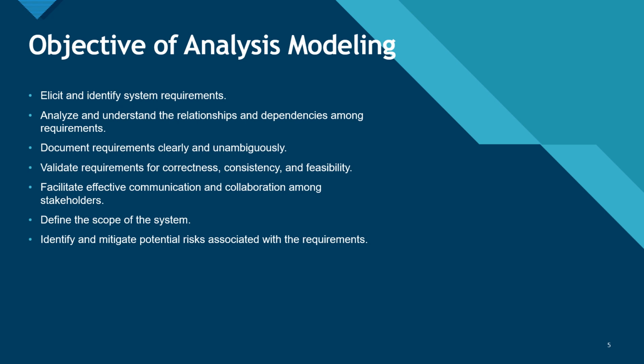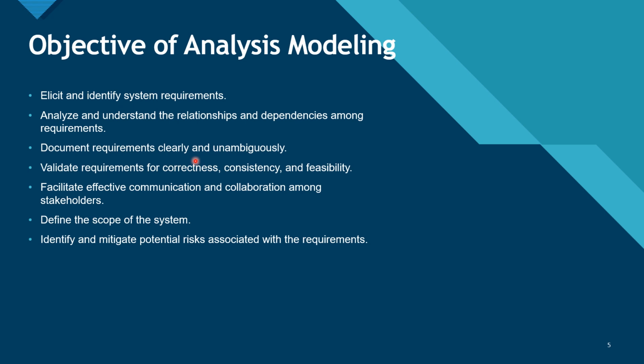After identifying the requirements, it should also find the dependencies or relationships that the requirements have. The documented requirements should be clear and unambiguous. There should not be any confusion in the documentation, and no document should be incomplete.